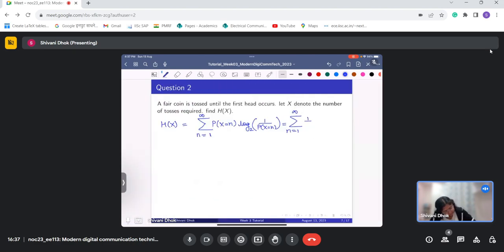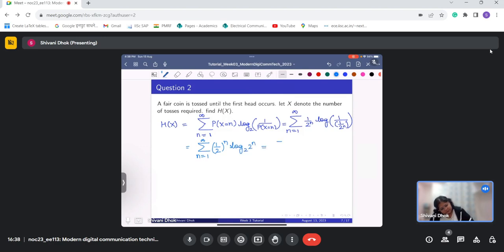So this is 1 by 2 to the power n into log of 1 upon 1 by 2 to the power n. So this reduces to the summation n equal to 1 to infinity of 1 by 2 to the power n into log 2 to the power n.